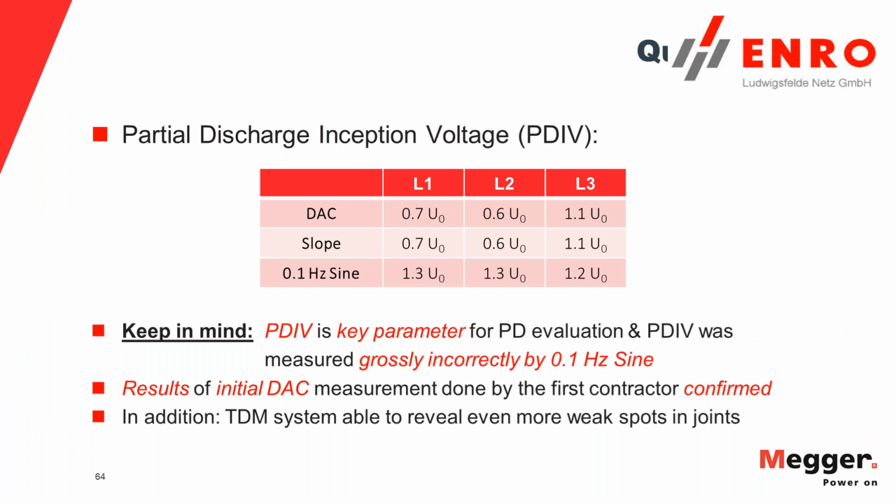And so that means if you would have based your assessment solely on the sinusoidal results, you would have assessed it too good, too positive. You would have walked away and said, yeah, there's something going on, maybe inception here at 1.3. I come back in a few years, whatever your risk management is.